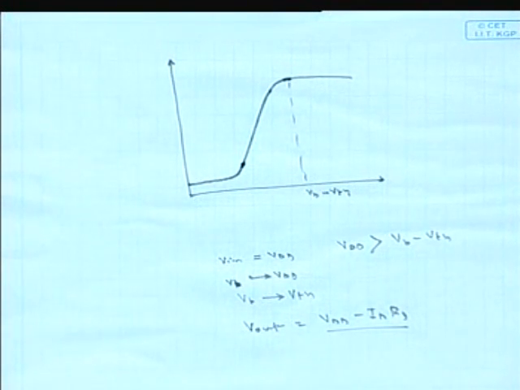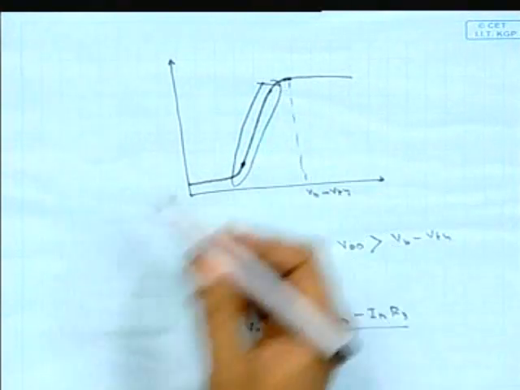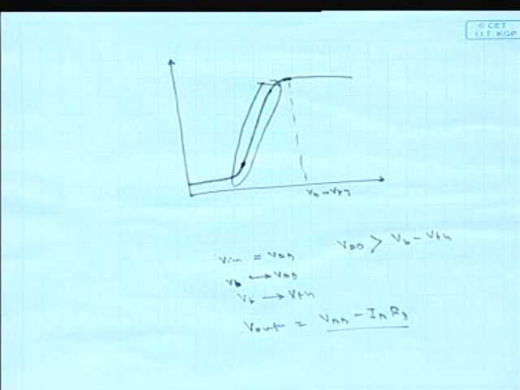Now see, in the CS stage, for a low input voltage we have a high output voltage, and for a high input voltage we get a lower one. But in the common gate stage, we are getting this type of transfer characteristic, which cannot be used as a digital inverter. But we get this region where we can get amplification, because here also delta Vout by delta Vin is greater than 1.